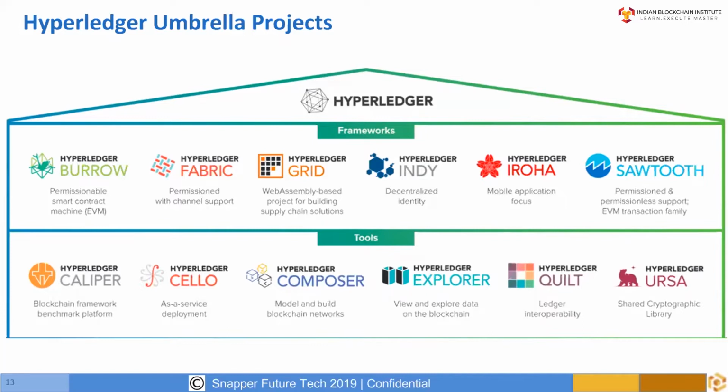I'm not mentioning Composer here, because many of us started learning Hyperledger through Composer 1.5 to 2 years ago. But now Composer is deprecated. It's not being used, it's totally not there. You cannot use Composer now.